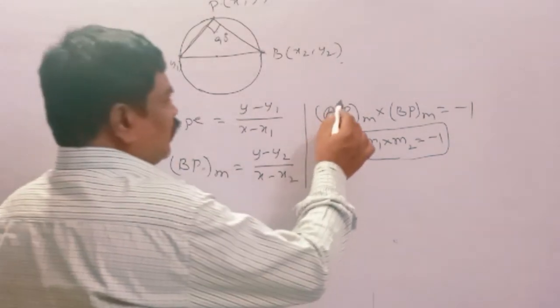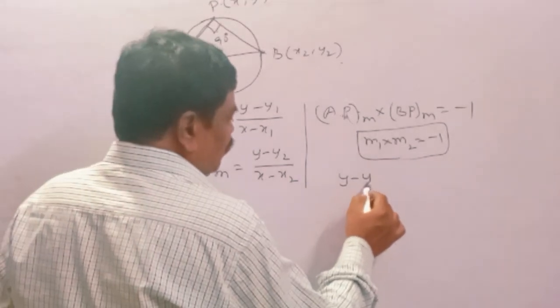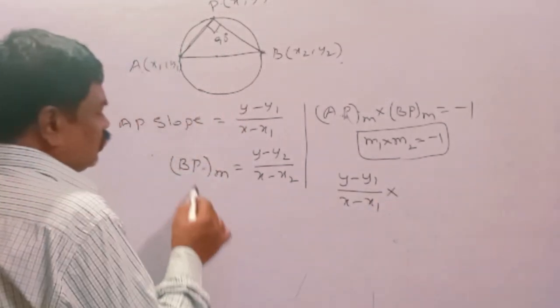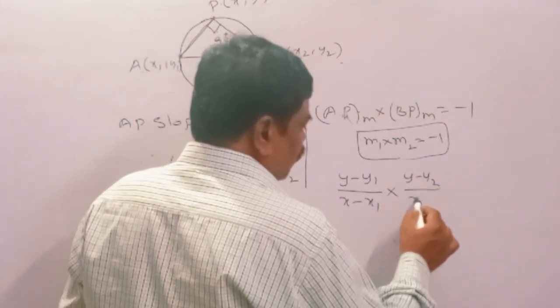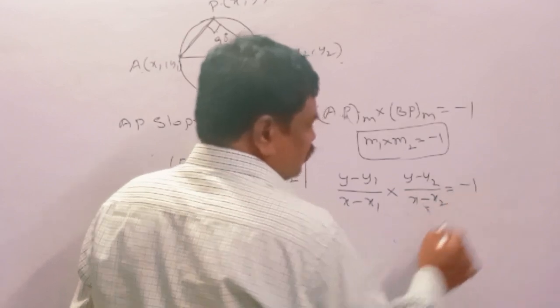So here, what is the slope of AP? Slope of AP is y minus y1 by x minus x1, into slope of BP, which is y minus y2 by x minus x2, is equal to minus 1.